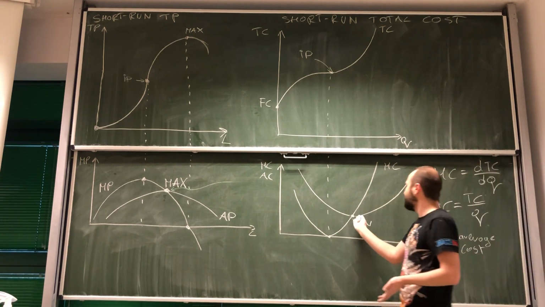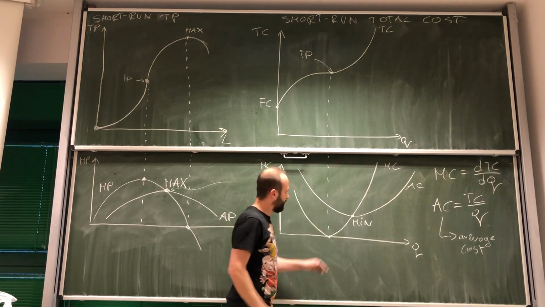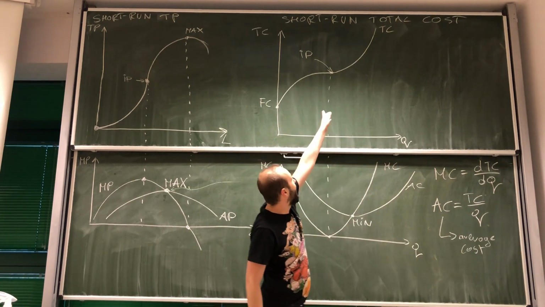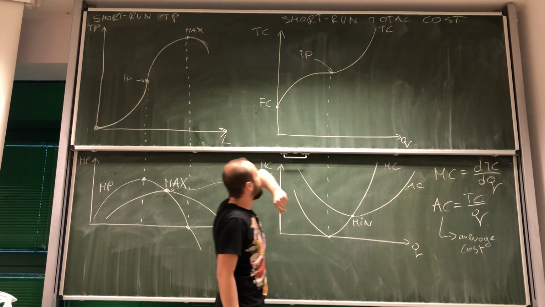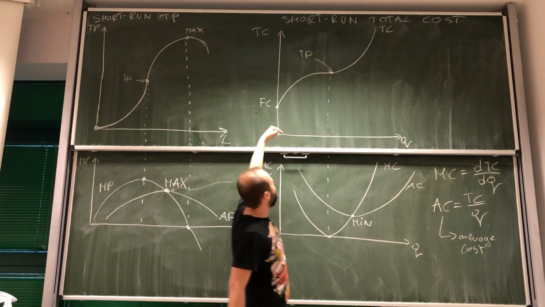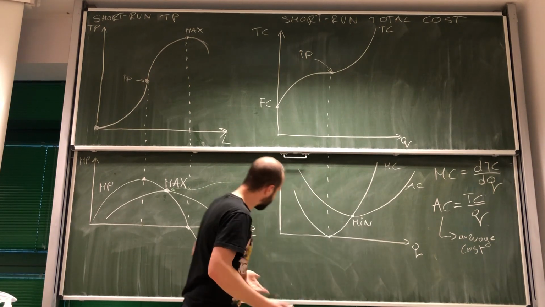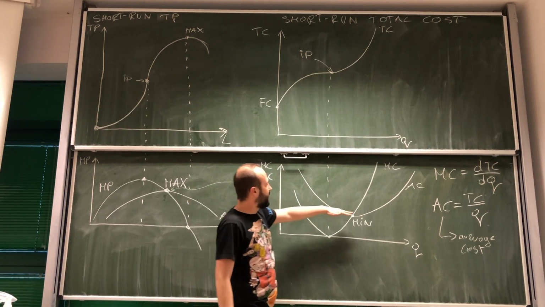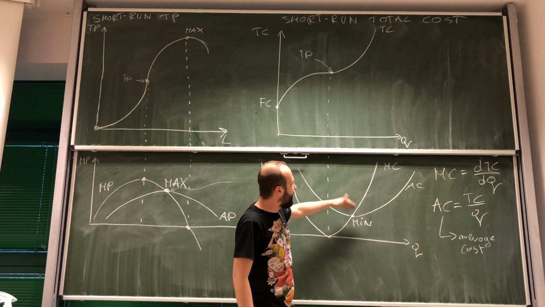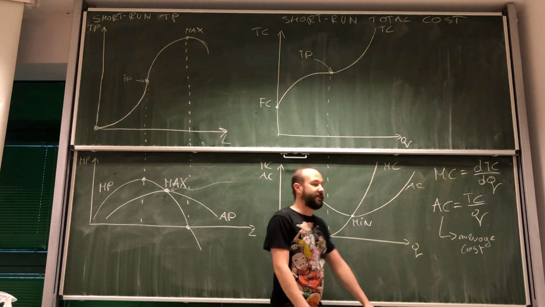But since a specific point, on the other hand side of the inflection point, on the right side of the inflection point, we get total cost that is increasing faster and faster, we expect that average cost is going to be increased.